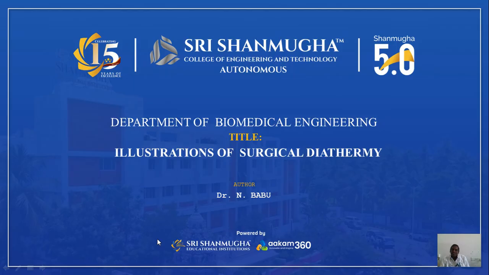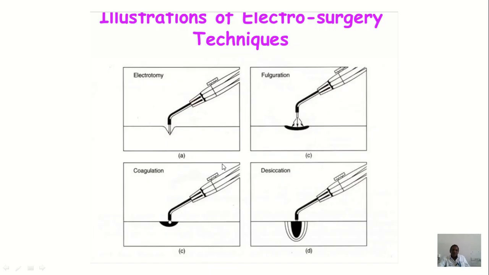Today we will see the continuation of surgical diathermy, that is, illustrations of surgical diathermy. How can we illustrate surgical diathermy? One is electrotomy, which is cutting. Next is fulguration.